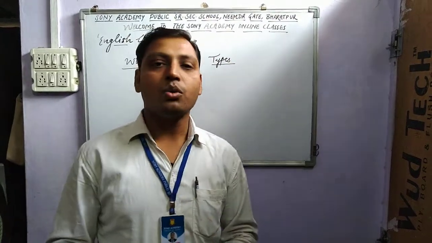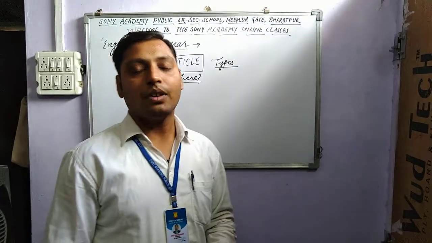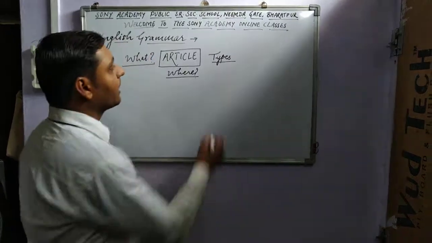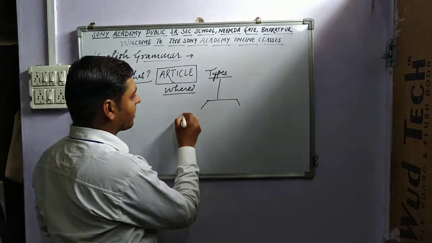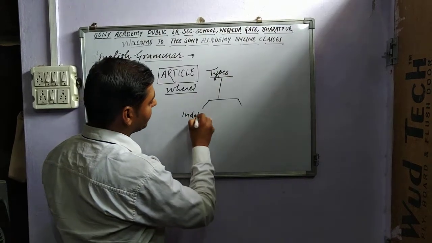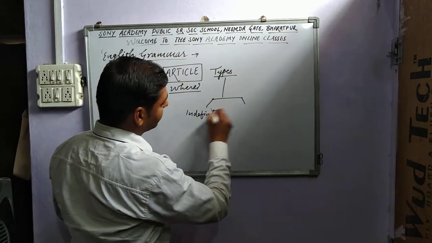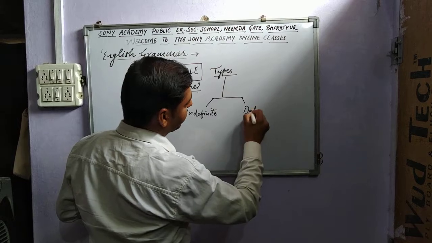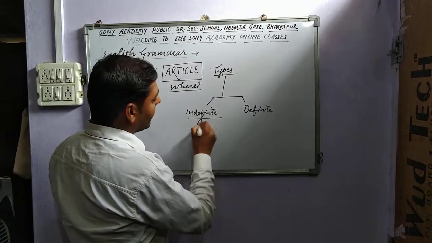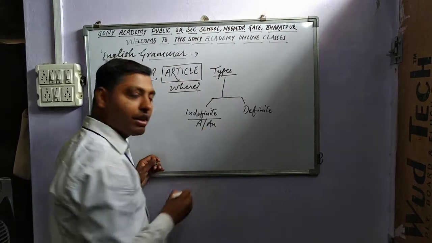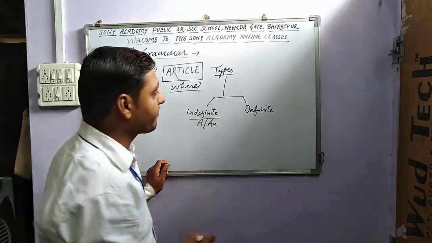Now let us talk about what are the types of articles. So articles are of two types: indefinite and definite. A and an are indefinite articles.